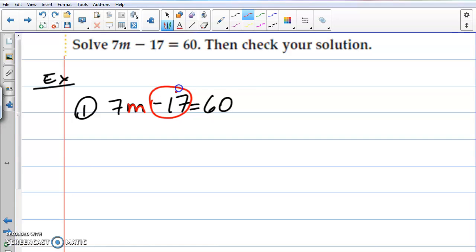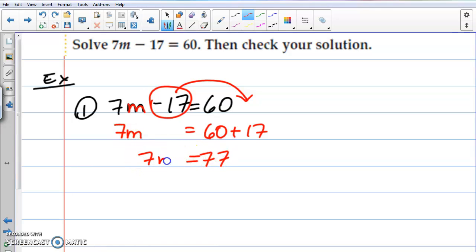So step 1 tells us to transpose it to the other side of the equal sign. So that means I'm going to keep my 7m on the left, equals 60 drops down, and my minus 17 comes over here to become a plus 17. And we need to do that first. So 60 plus 17 gives us 77. So we get 7m equals 77.